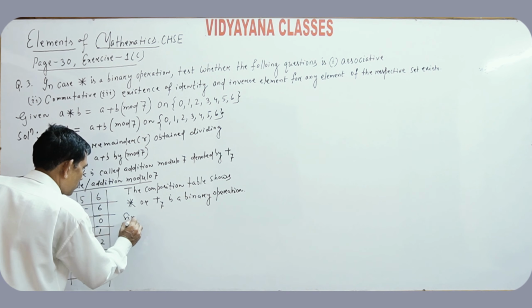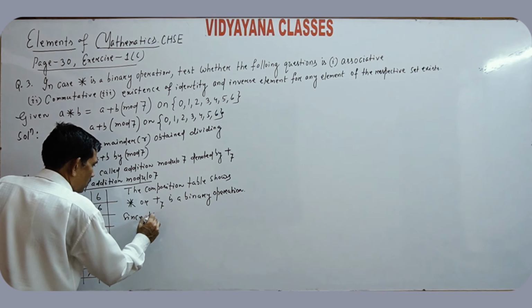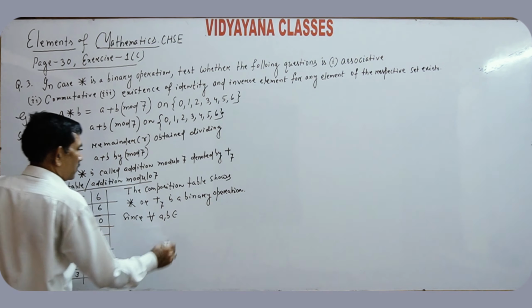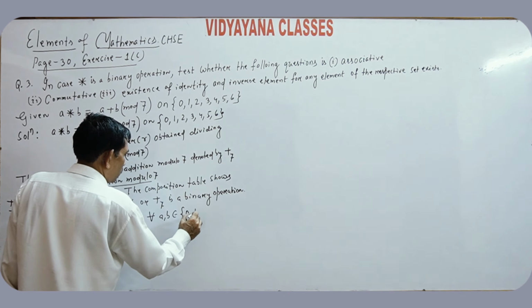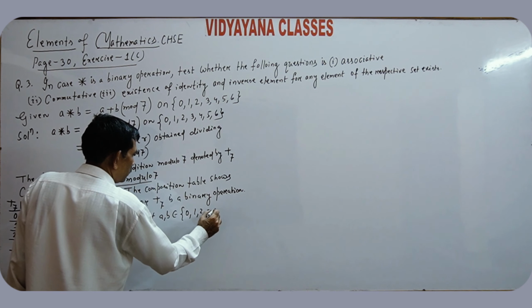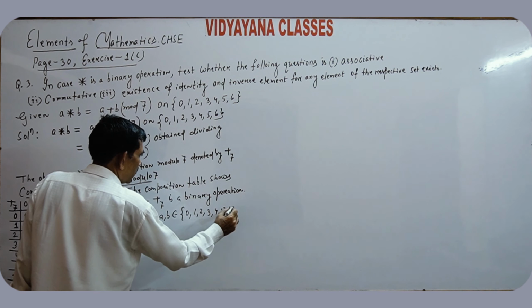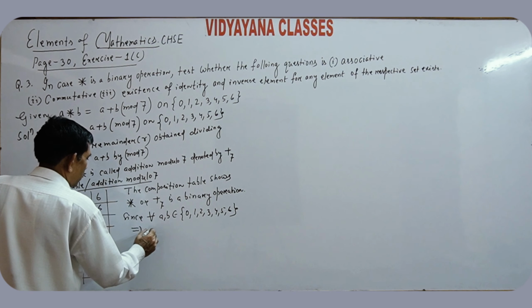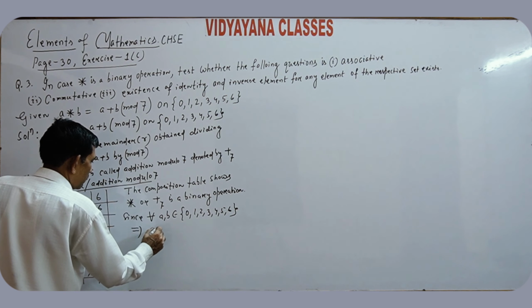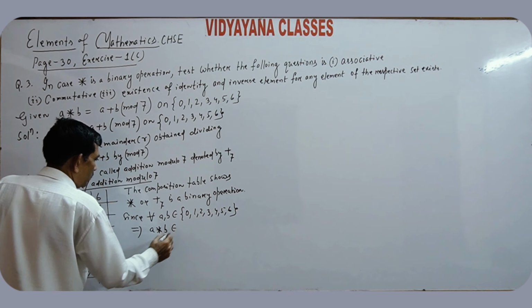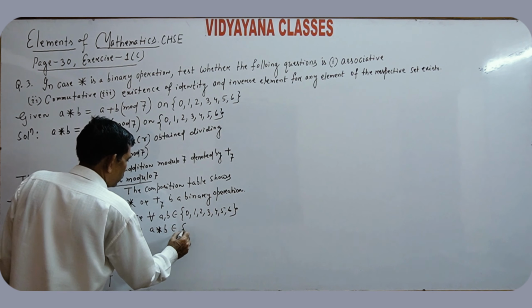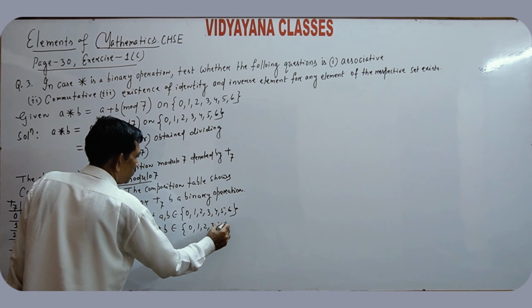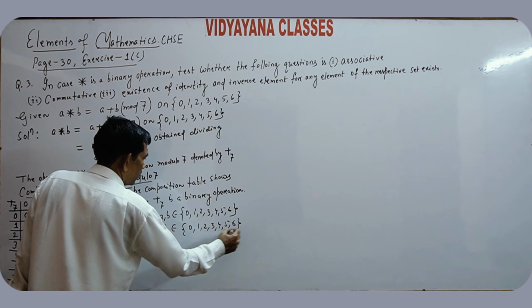Since for all A, B belongs to the set of 0, 1, 2, 3, 4, 5, 6 implies A star B belongs to the set of 0, 1, 2, 3, 4, 5, 6.